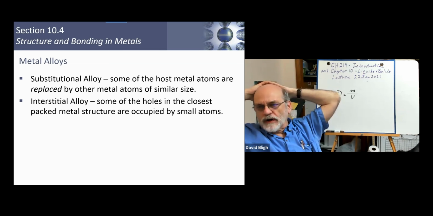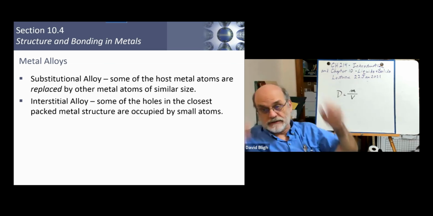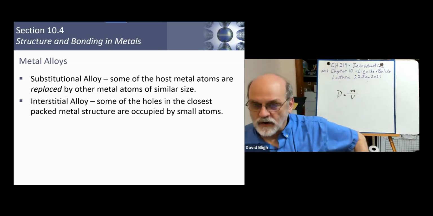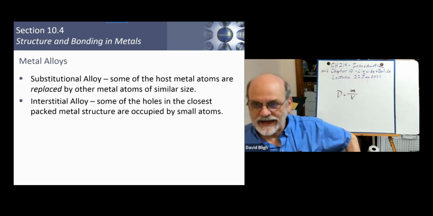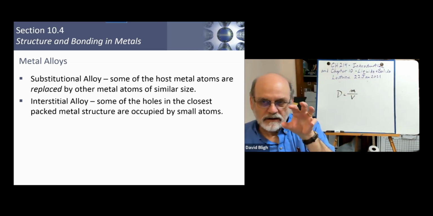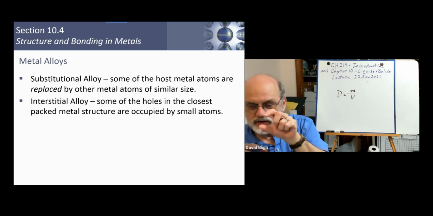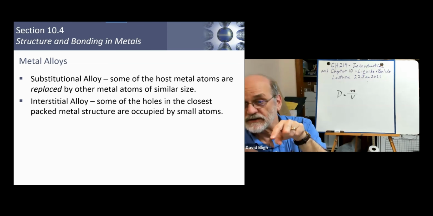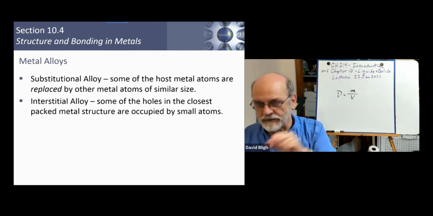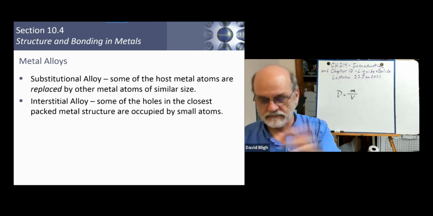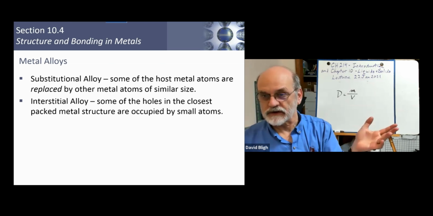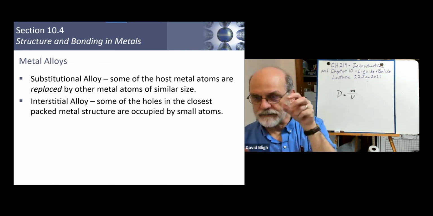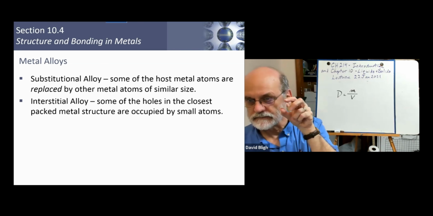And these alloys can be characterized in two different ways. One is a substitutional alloy. In the substitutional alloy, you have the pure metal, and you just kick out one of the metal atoms and stick something else where it was. So in brass, which is mostly copper and some nickel, you just take a copper atom out, stick a nickel atom in.